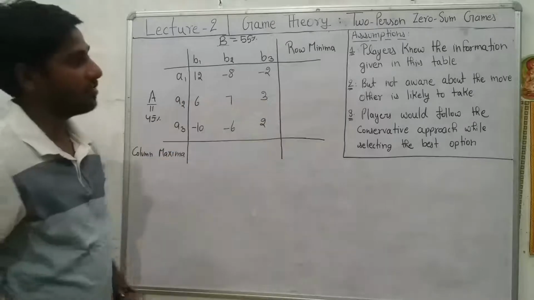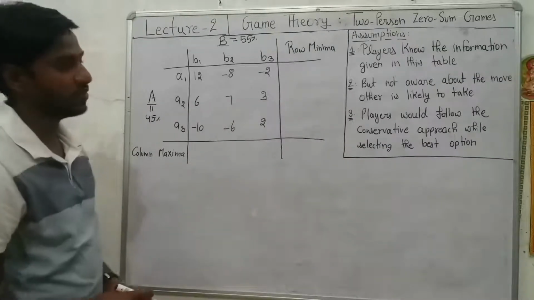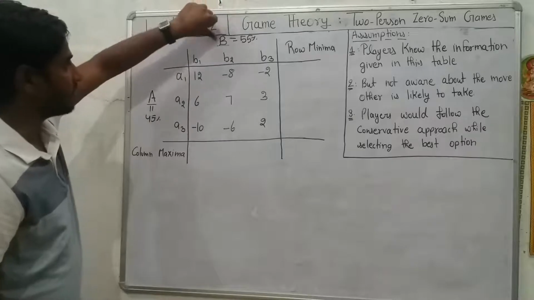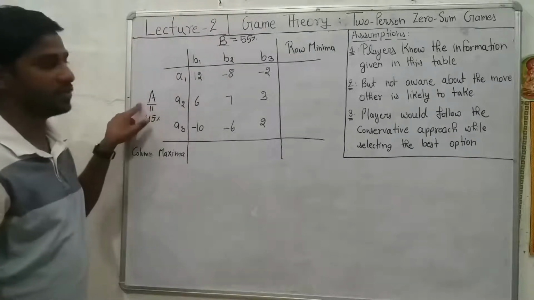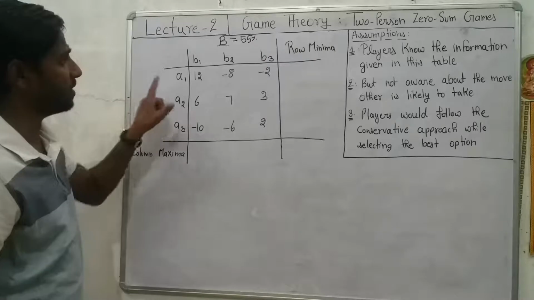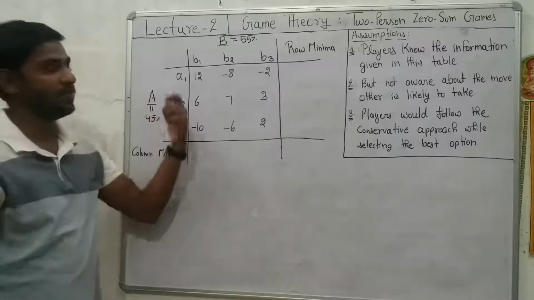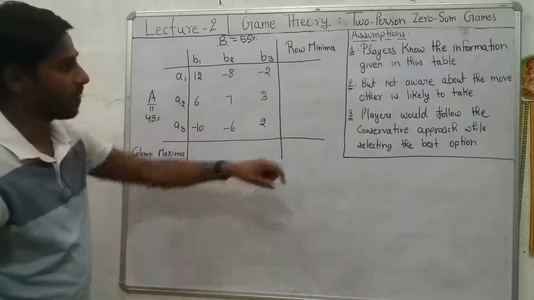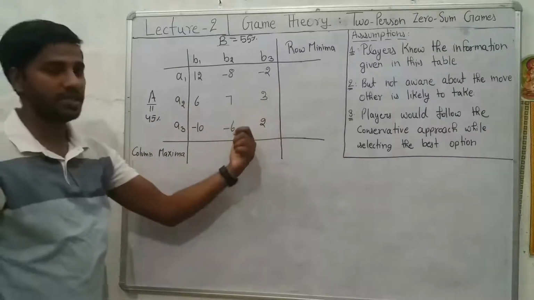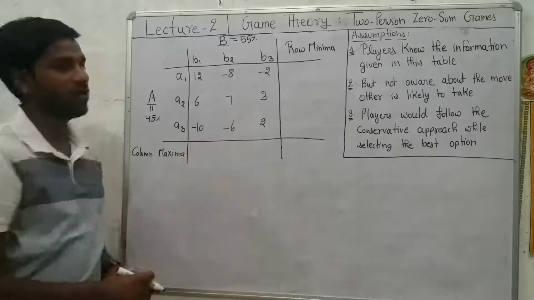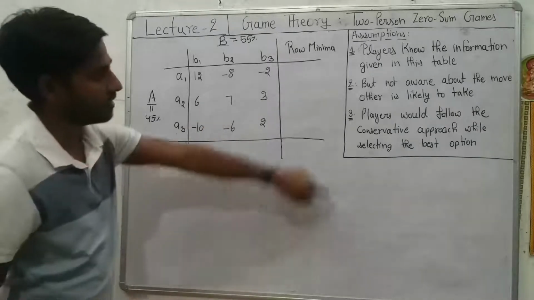They are not aware of the move the other is likely to take. It means B is not aware of the action A is likely to take, and similarly A is not aware of which action or strategy B is going to adopt. So they know the information given in this table, but they don't know which strategy the competitor is going to adopt.